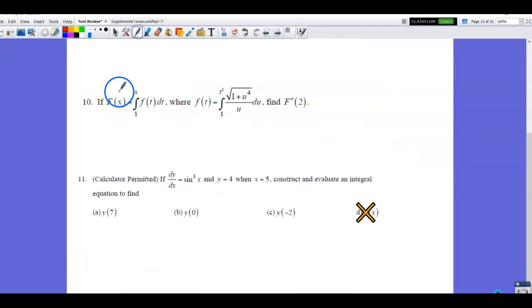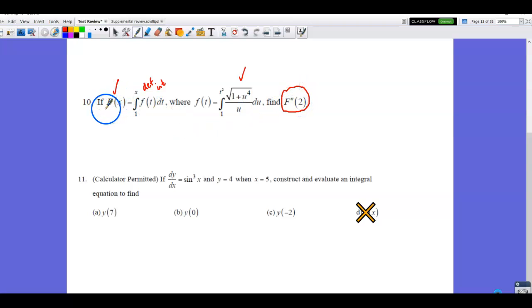All right, in number 10, we have big F is a definite integral. Little f is a definite integral. And we are finding big F prime, second derivative of big F of 2.